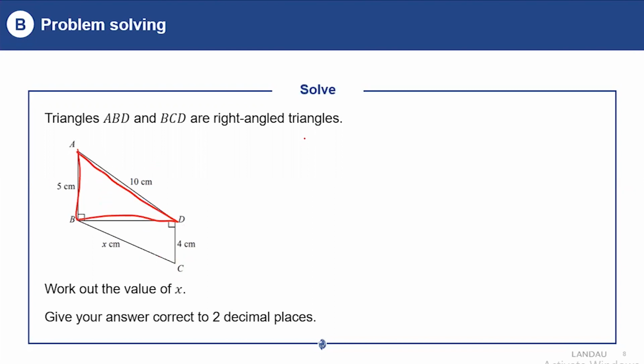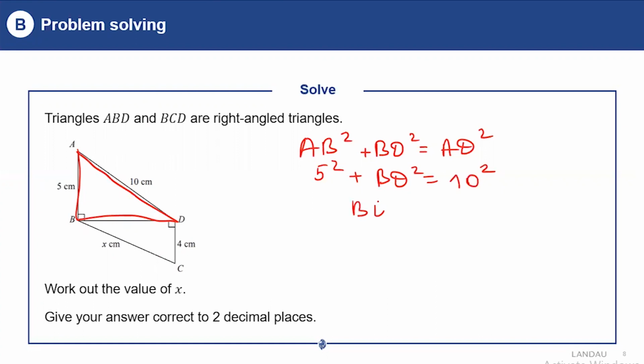So I will write AB squared plus BD squared equals AD squared. As you see, AB is given. It will be 5 squared. Let's write 5 squared plus BD squared equals AD, the hypotenuse, and it is 10. So it will be 10 squared.